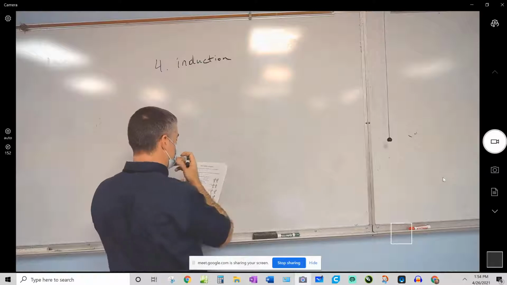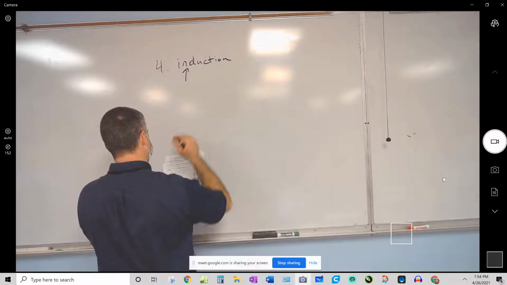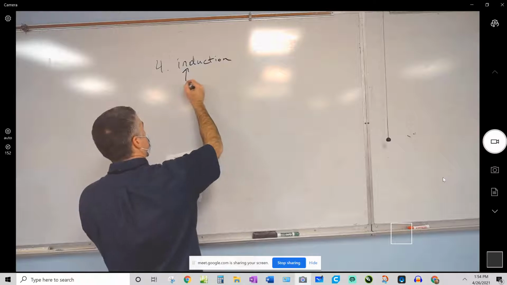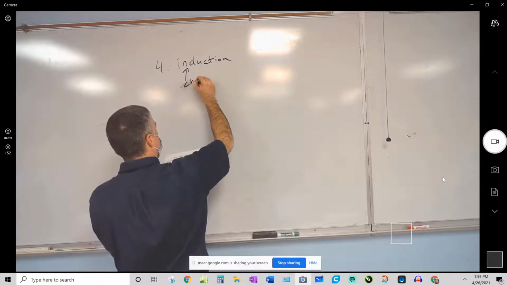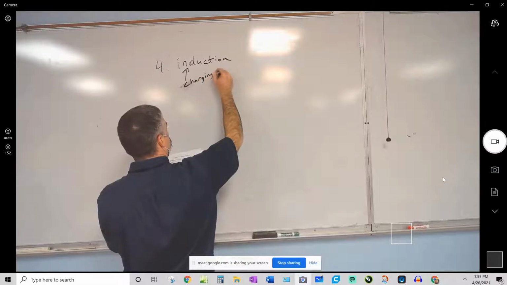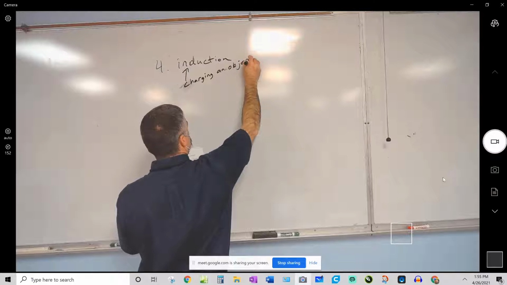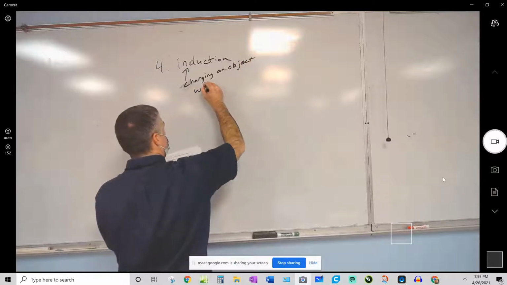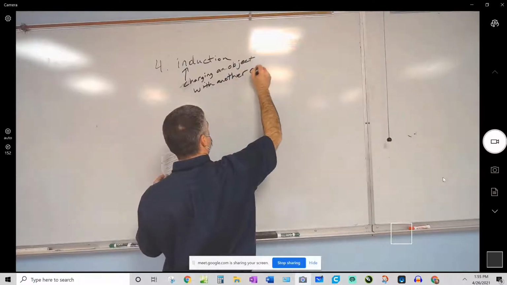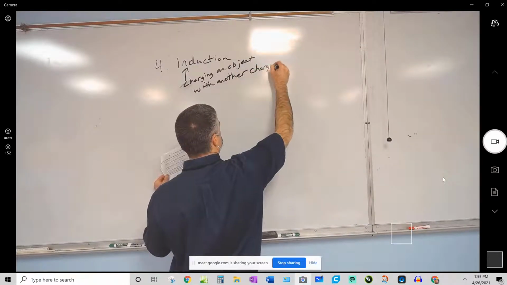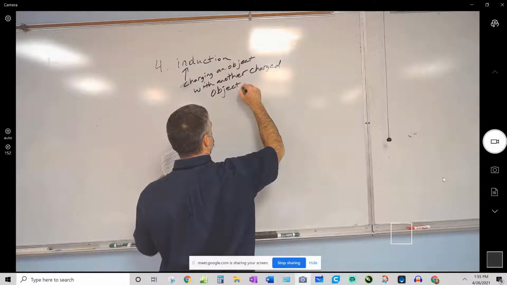And it doesn't really explain this anywhere, so what induction is, I'll just say, is charging an object with another charged object without contact.